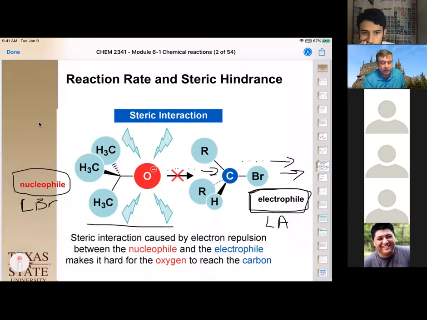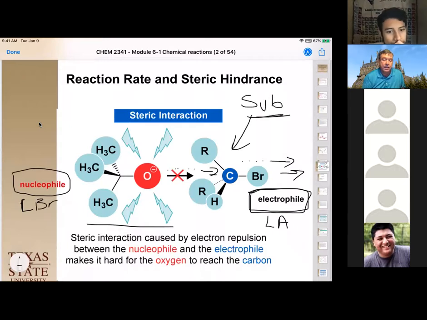Now, that's just the steric interaction on the substrate. We call this the substrate because this is where our new product's going to be. Let's look at the steric interaction on our nucleophile. Okay. As our nucleophile gets bigger and bigger, it also affects the reaction.